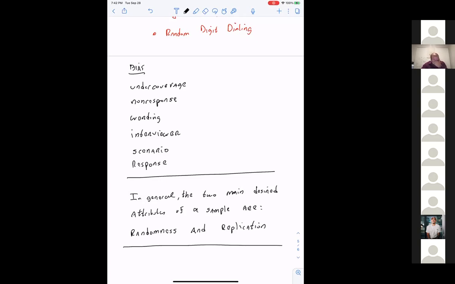Can you tell us what interviewer bias is again? Interviewer bias is when the interviewer himself or herself lends itself to bias.